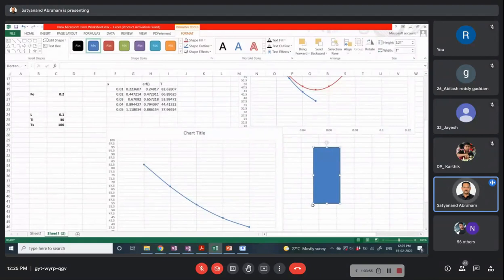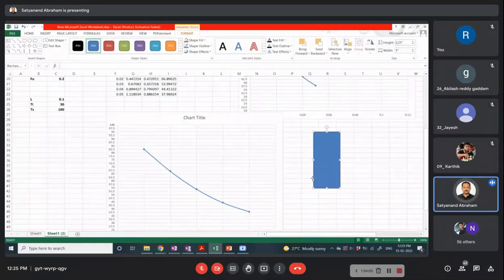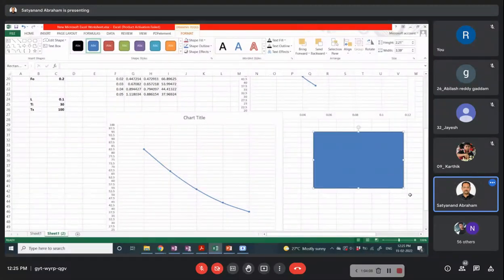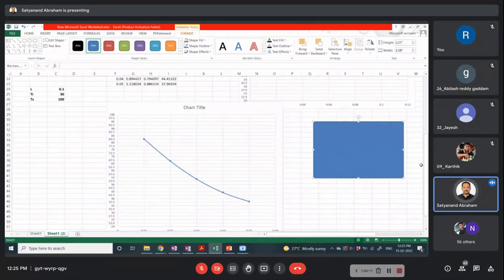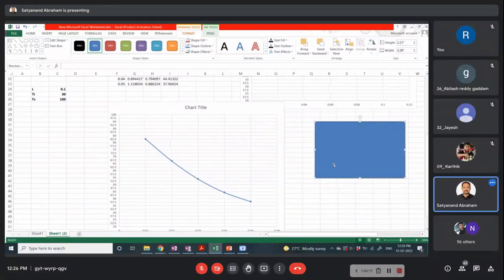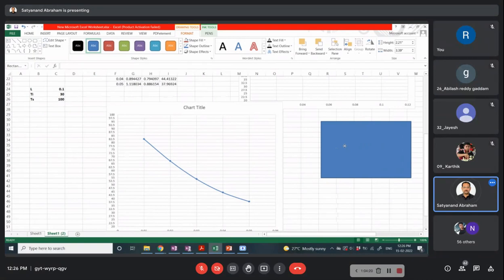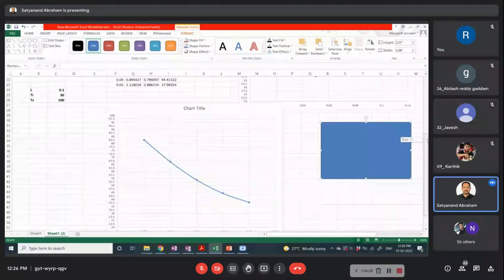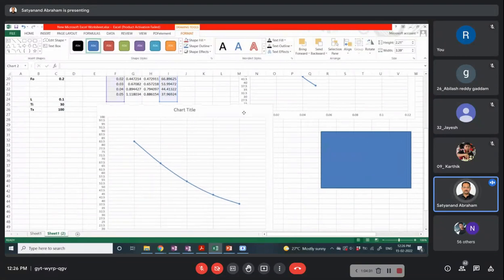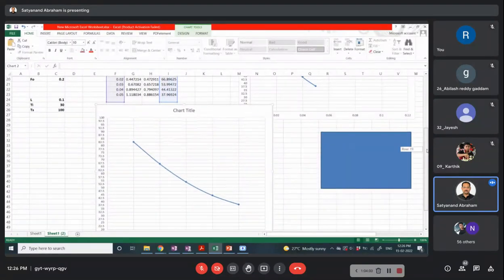At x equal to 0 it has some boundary condition, and towards the center, how it is going to be. This location is x equal to 0, and on the x-axis it tends to infinity. So this is the graph for that.